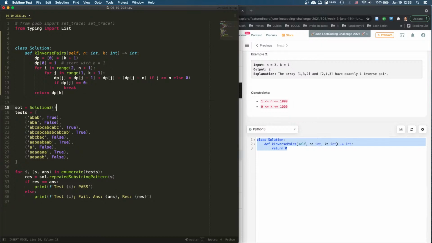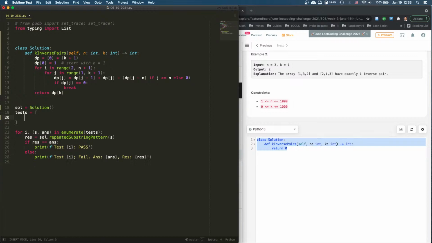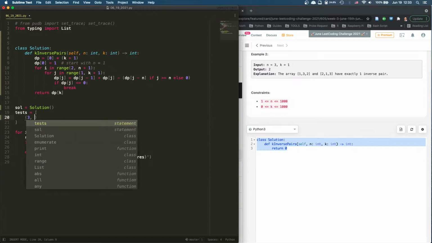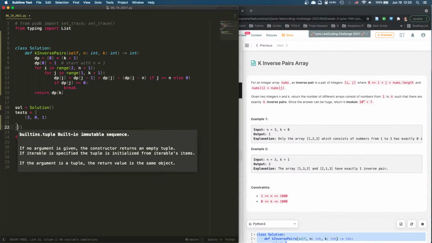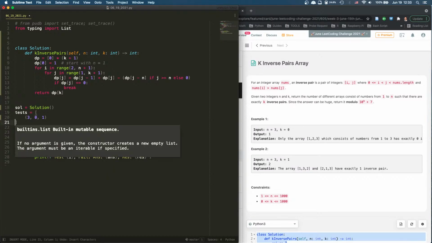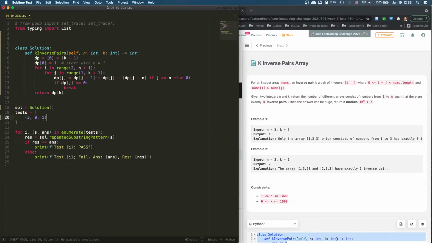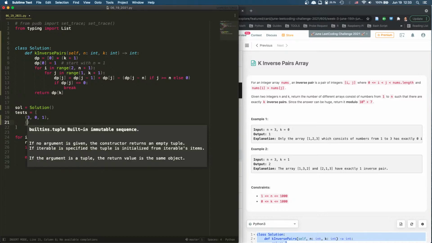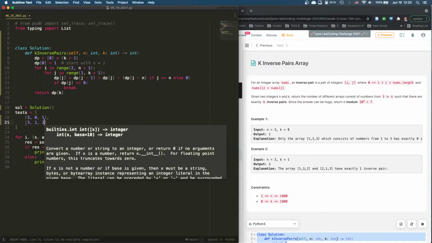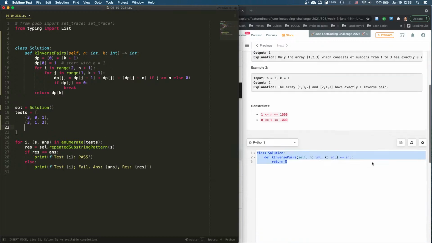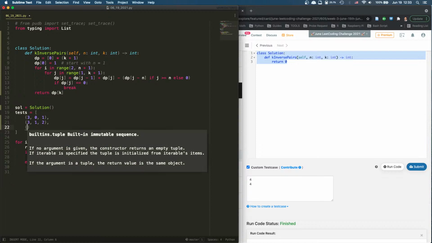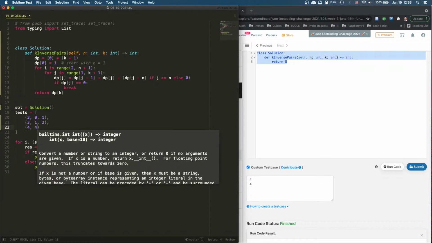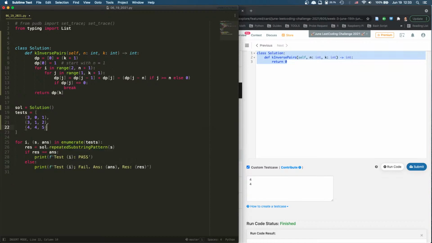All right, so here's the test case. 3, 0 is 1, right? 3, 1 is 2. I think I run a lot of test cases right here. 4 is going to be 5.